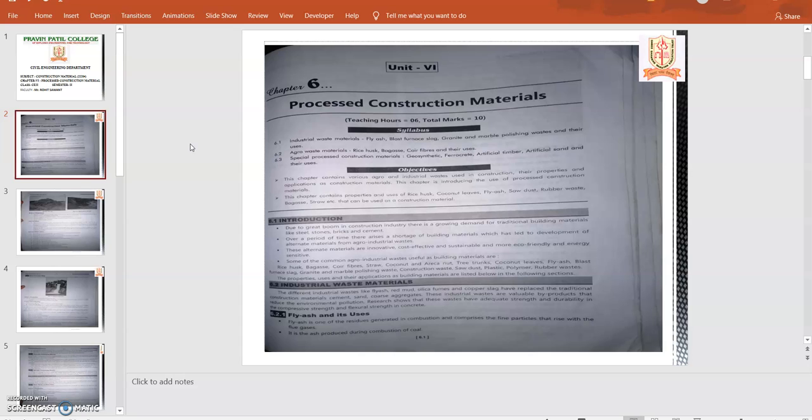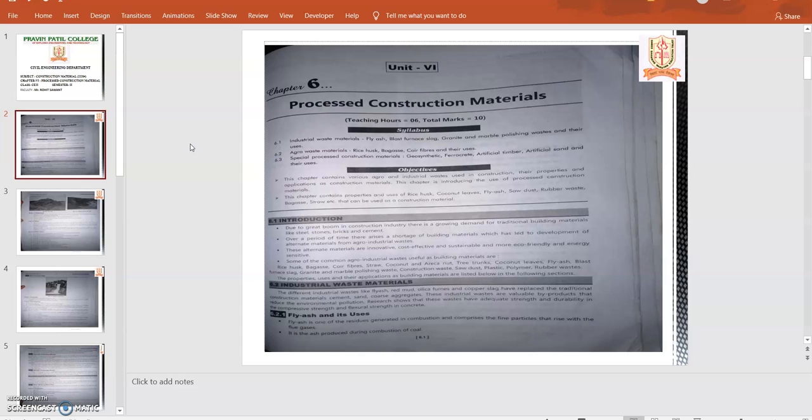Some of them are used as additives. That's why we can give a more convenient replacement over natural materials.